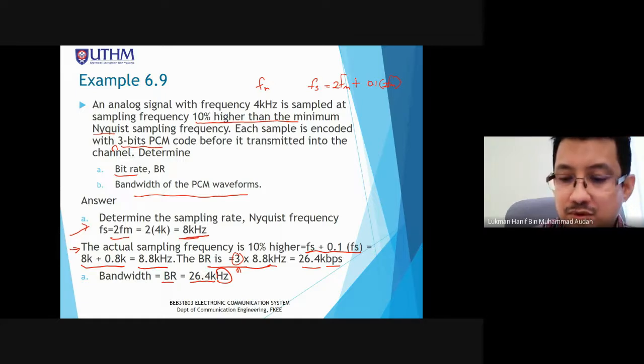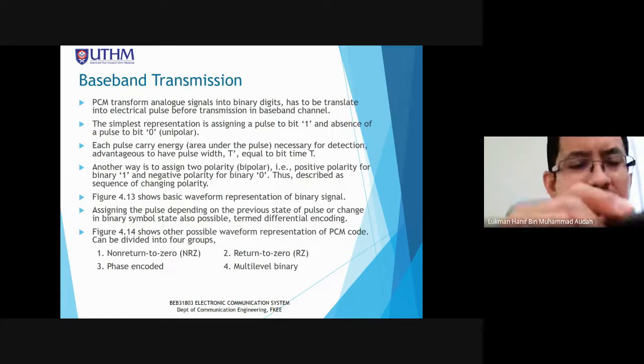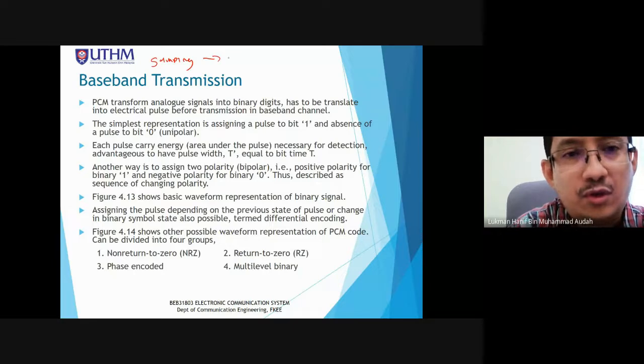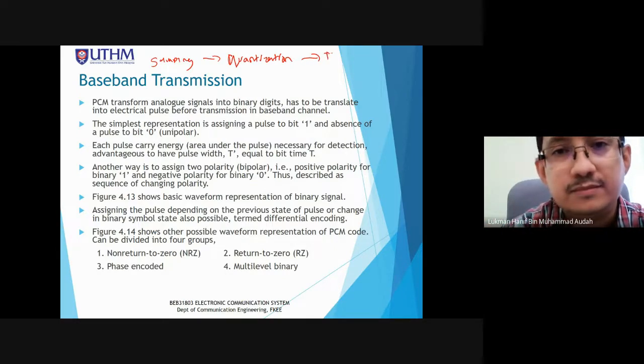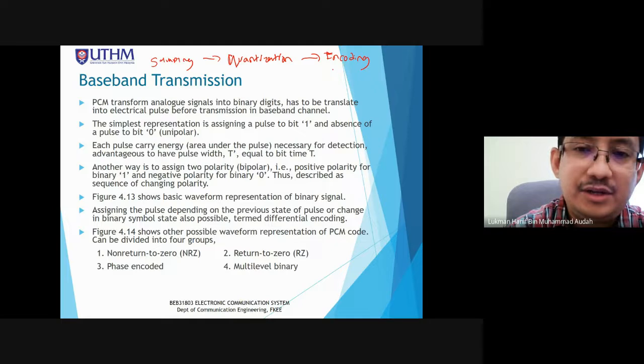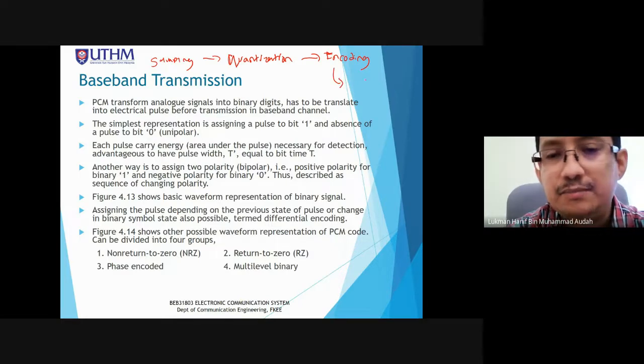So kalau dilihat tadi daripada sampling, quantization, and then we do the encoding. So hasil daripada encoding ini, kita menghasilkan PCM code word.